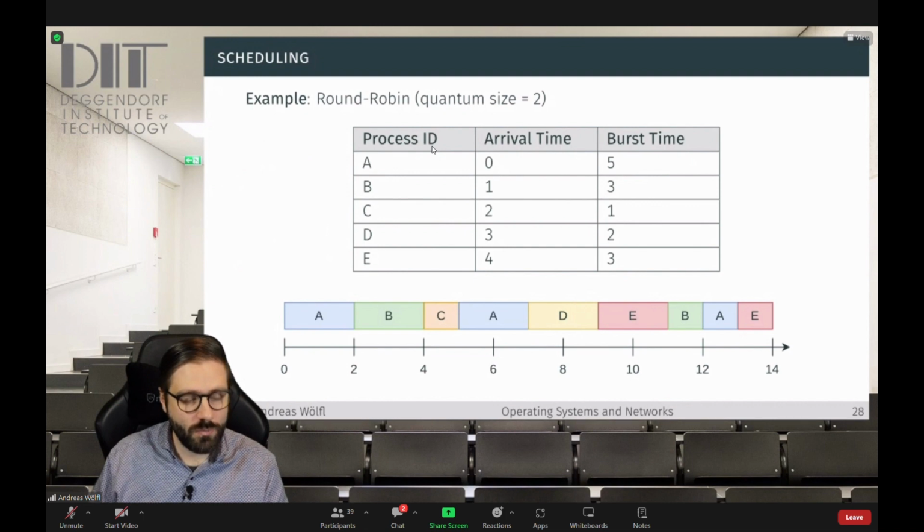The important thing is what happens if two things happen at the same time. So a process arrives and a context switch needs to be performed because the quantum size is up for a process. What happens there? We do first the arrival, then the context switch. Any questions?